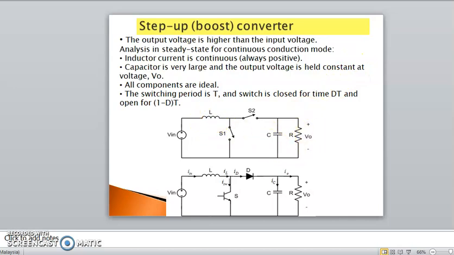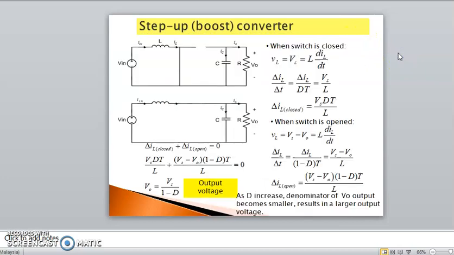The current inside the inductor is continuous and positive, and all the components are ideal: the switches S1, S2, the diode, the MOSFET. The switching takes place on the duty cycle D from 0 to 1, 100% of T.